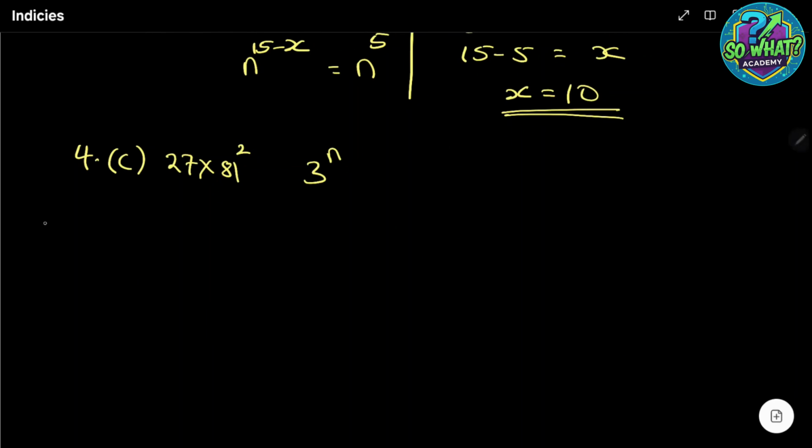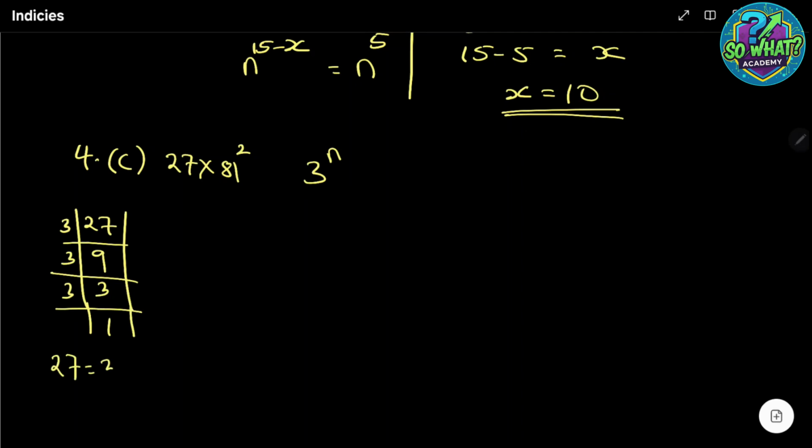So let's first long divide 27 to come up with its value. 27 divided by 3 is 9. 9 divided by 3 is 3. And 3 divided by 3 is 1. Meaning that 27 is equivalent to 3 power 3. Same with 81.